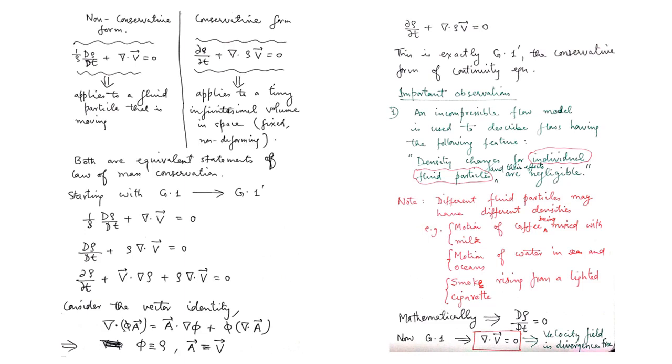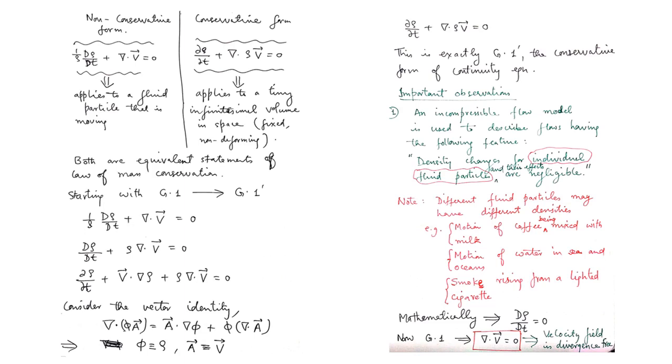Similar is the story with air rising from a lighted cigarette. Those who smoke cigarettes can easily relate to this example. You see air rising from a lighted cigarette in the form of smoke. Smoke is just acting as tracer particles, making you visualize the flow of air. There also, there are differences in the density of different particles.